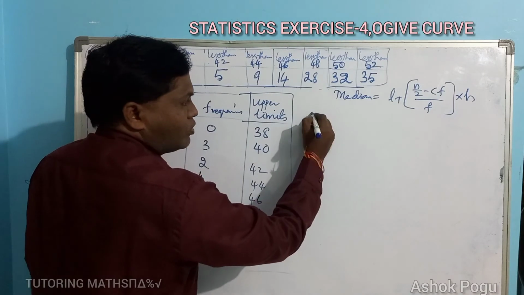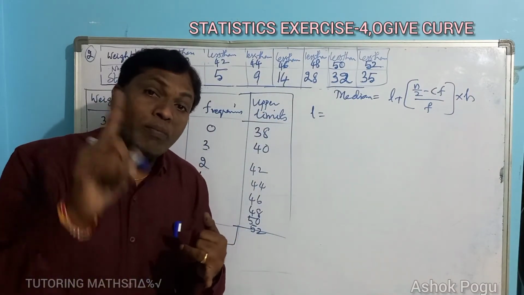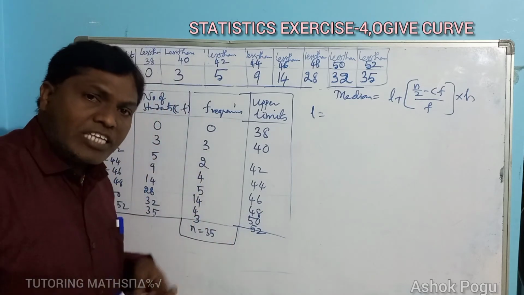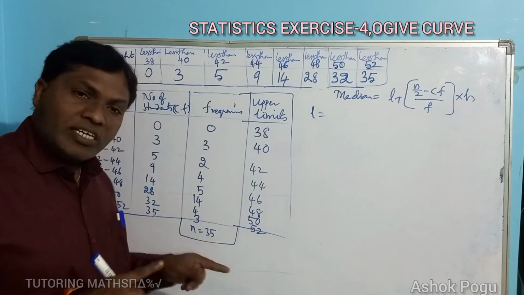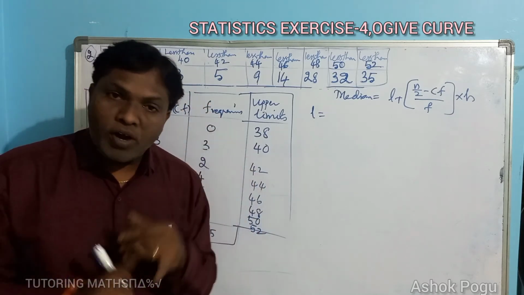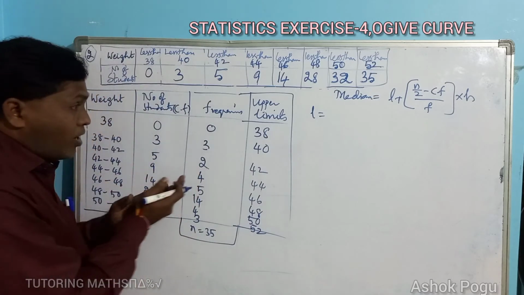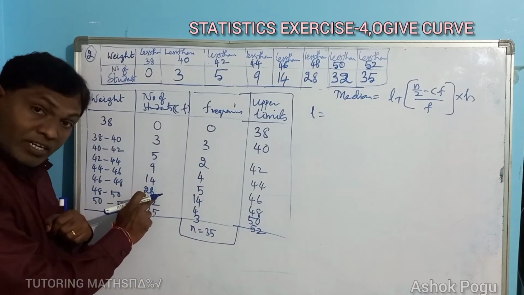Let us write the values first. L, what is L? L means lower boundary of median class. Do you know the median class first of all? Just now we have discussed. What is the median? N is 35. Half of 35 is 17.5. Where do you get 17.5? Yes, after 14 we get 17.5.